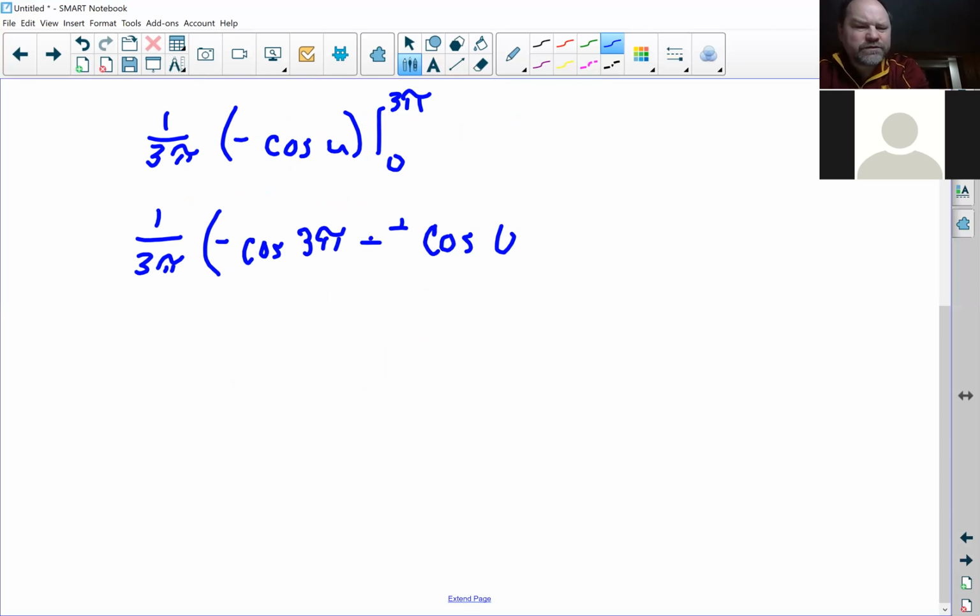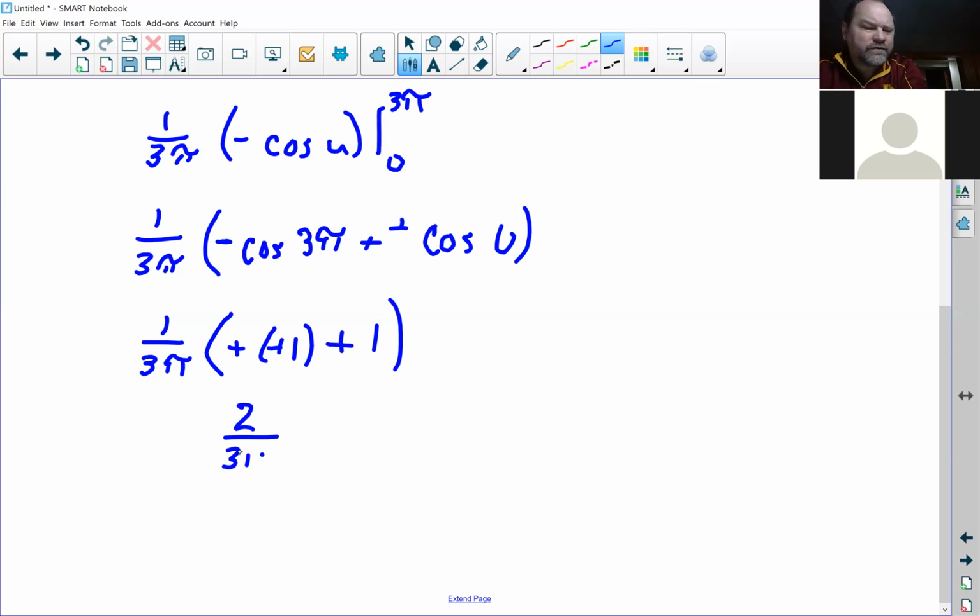So that's going to be plus a positive. Cosine at 3 pi is negative 1. I'm taking the opposite of that. Cosine at 0 is positive 1. And so that's how that one ends up.